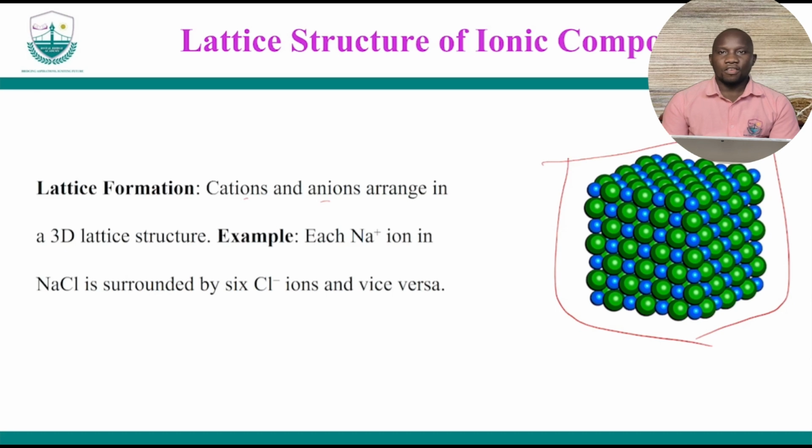Thank you for listening to this presentation, where we have noticed that if you have cations and anions, you will have electrostatic attraction between them, and this results in what we call electrovalent bonds, or ionic bonds.